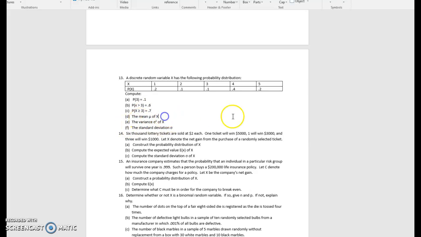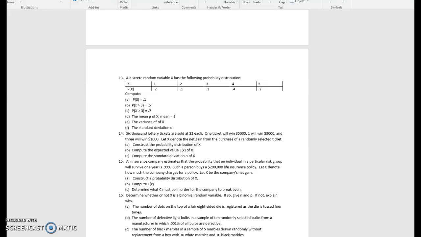Now for D, the mean mu of x. Our formula for the mean is to sum up all of the x times p of x's. So we want to multiply each one of these columns together and add them up. So let's just go ahead and put that out here to the side. Instead of hunting for my little mu in my symbols, I'm just going to write the word mean.